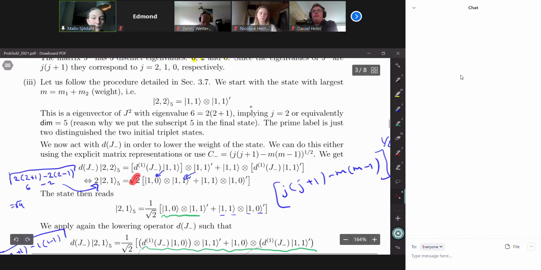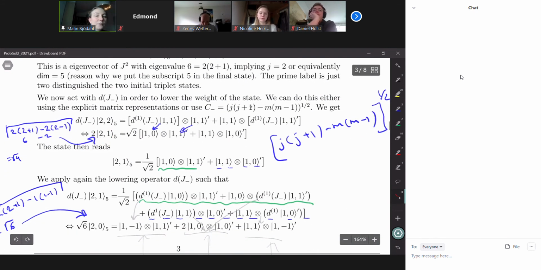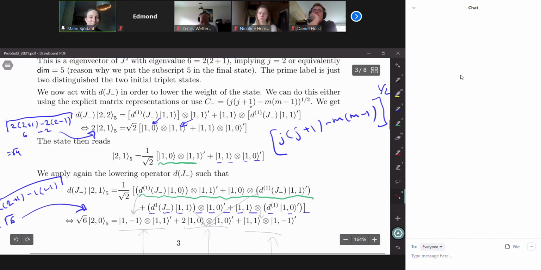And the root 2 came because we always had a root 2 everywhere. So now to get this state, we just divide with this factor 2 here. So we have 1 over root 2, and then this linear combination is just copy pasted down here. So now we have found this state, so 2 out of 9 states.